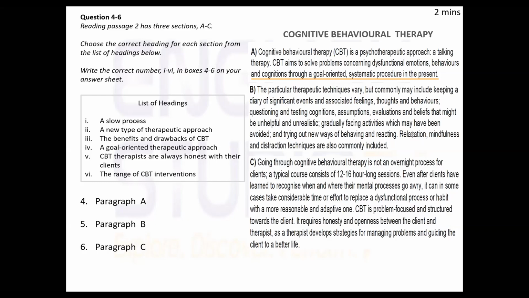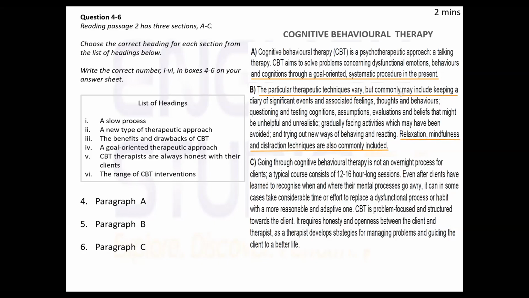Because the paragraph explains, in the first part, that it might commonly include keeping a diary of significant events, and in the last part, relaxation and mindfulness also commonly included. Okay. Thank you, Mr. Anam. That's the correct answer, the range of CBT interventions.